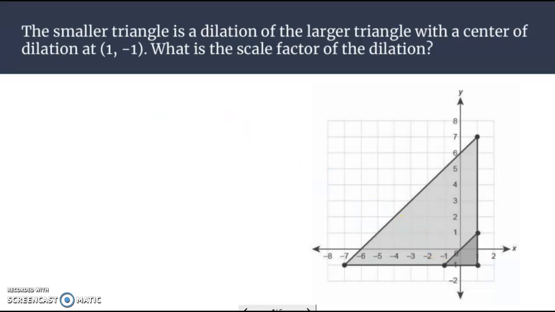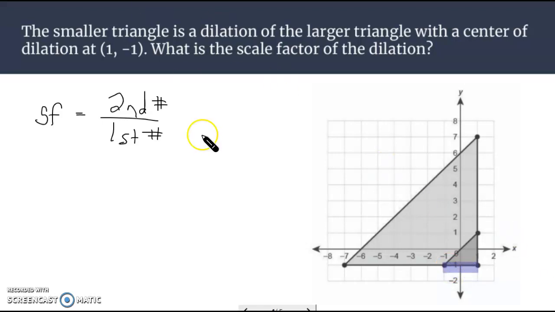The way we can do this, first of all, let's review that when you find a scale factor, you take a measurement from the second object, which we'll call the second number, and divide it by the first or original measurement. That'll tell us the scale factor. So with the smaller triangle, I'm just going to focus on one measurement, the base of the bottom triangle.